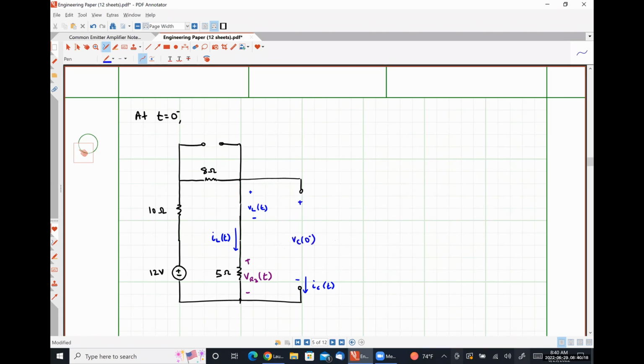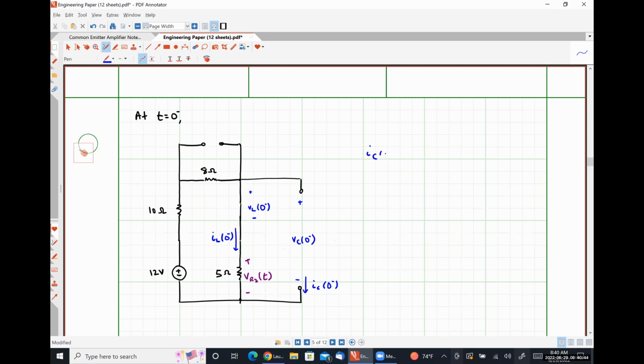VC at 0 minus to solve for, IC at 0 minus to solve for, VL at 0 minus to solve for, and IL at 0 minus to solve for. So let's start with probably the easiest things.